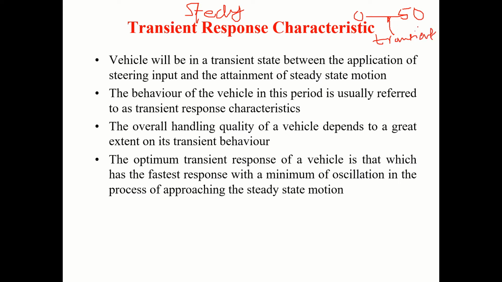After that, I maintain constant speed or constant radius, that's fine. But from here to here, the vehicle will be in a transient state between the application of steering input and attainment of steady state motion. The behavior of the vehicle in this period is usually referred to as transient response characteristics.